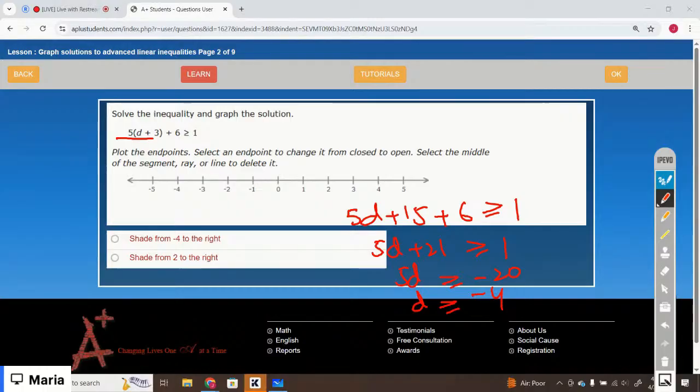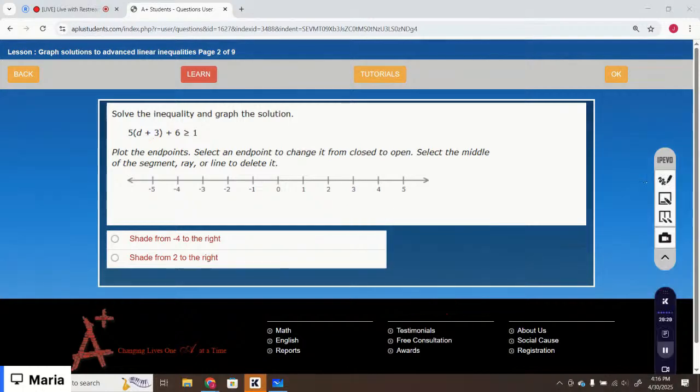Shade from negative 4 to the right. Option number 1 is the correct option. That is shade from negative 4 to the right.